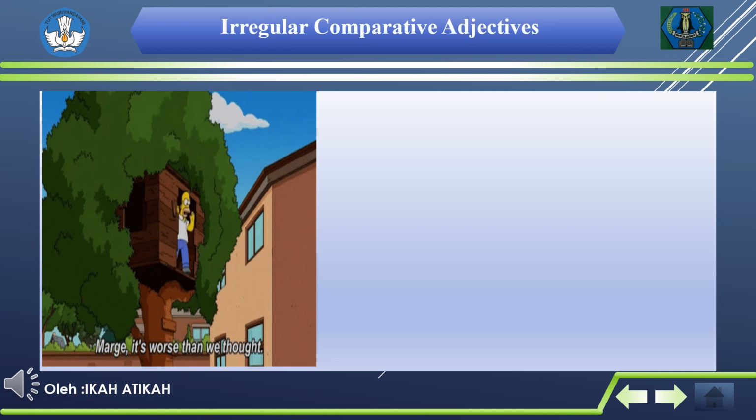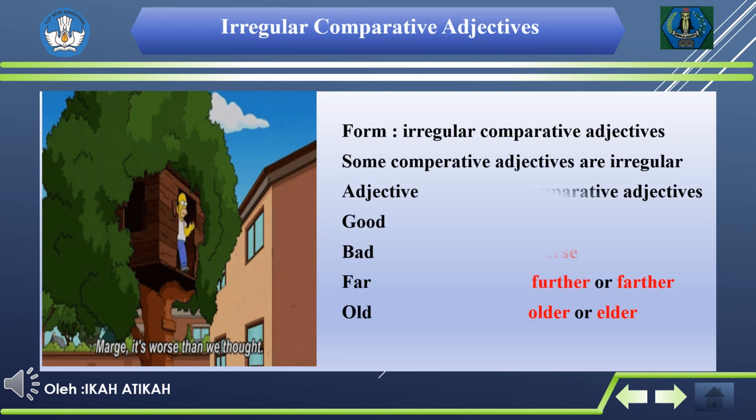Irregular comparative adjectives. Some comparative adjectives are irregular. For example, good, better, not gooder. Bad, worse, not badder. Far, farther or further.